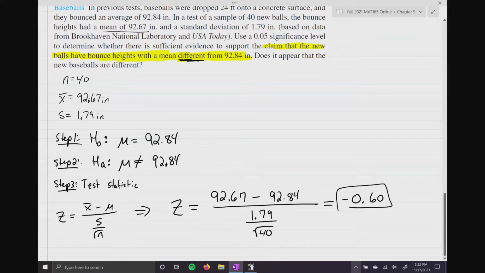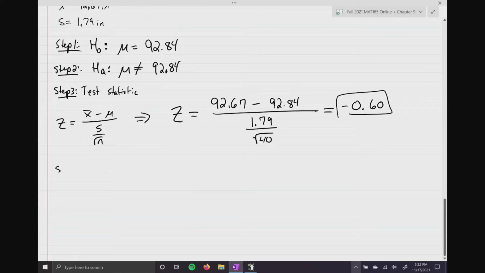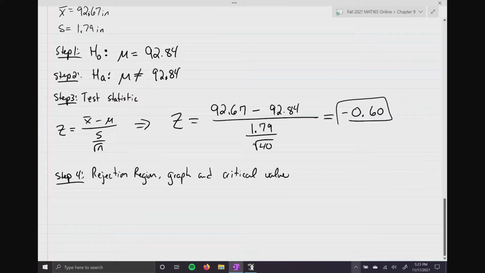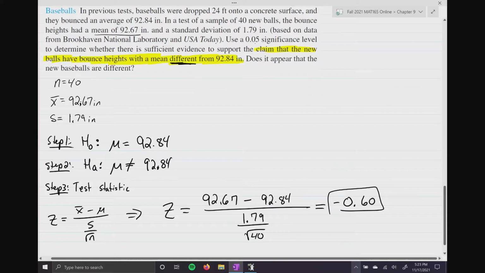Now, step 4. Step 4 is the biggie. This is where I'm going to say rejection region, graph, and critical value. Okay? So remember, earlier in the problem, they said to use a 0.05 significance level.